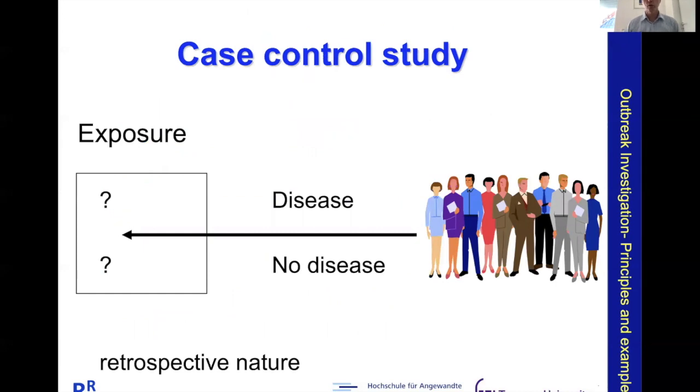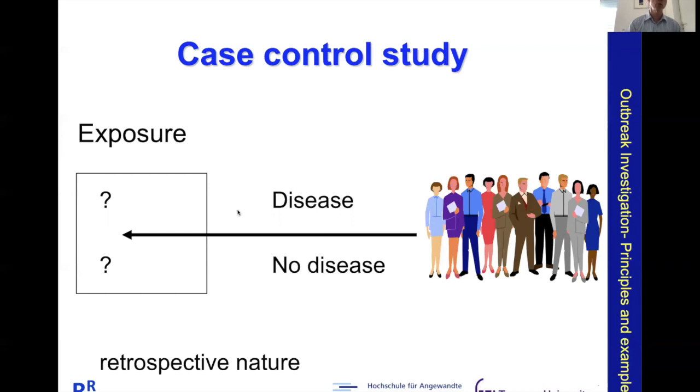A case control study, for example, works like this. You've got cases, which are those we have already. We know who is ill, and we try to find controls, individuals who lived in the same neighborhood and who could have been exposed to the same things and the same risk factors as the cases.